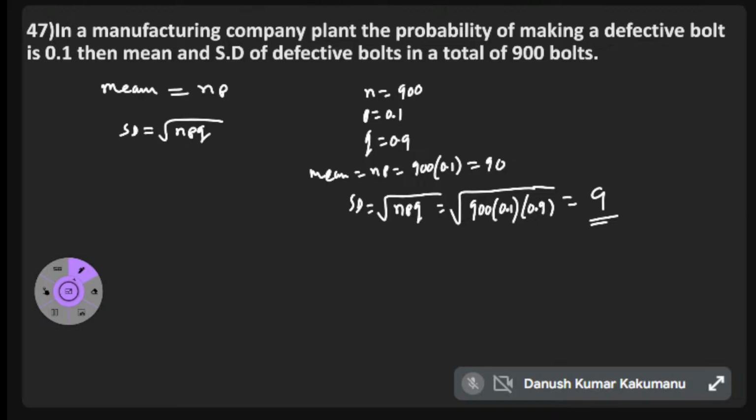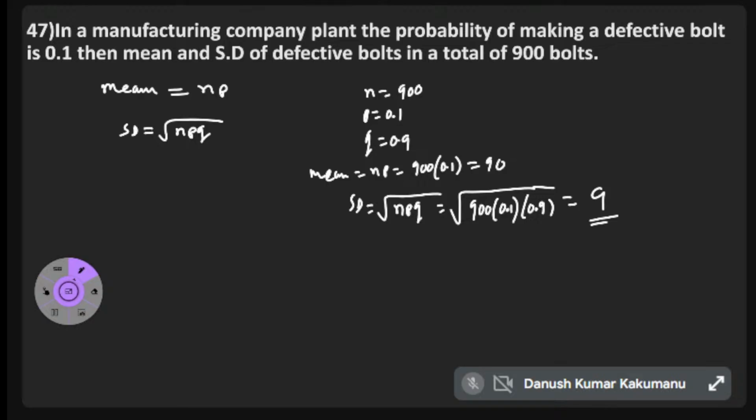See here, maybe some of you may get that doubt. 900 bolts is a huge quantity, then why binomial? Why not Poisson? What is the mean of the Poisson distribution?